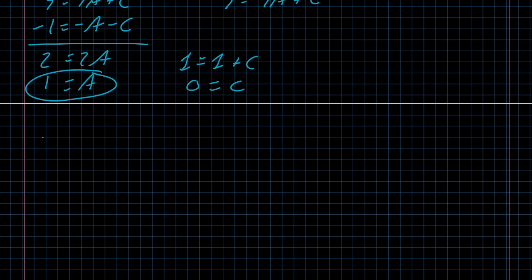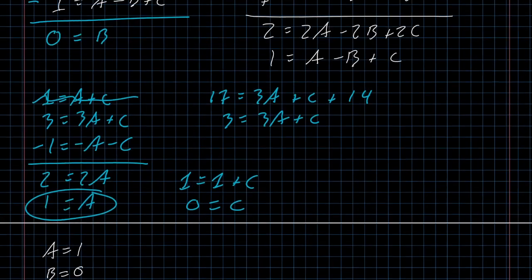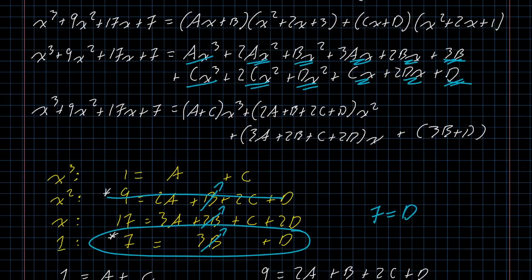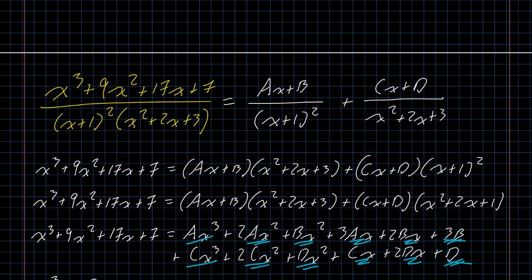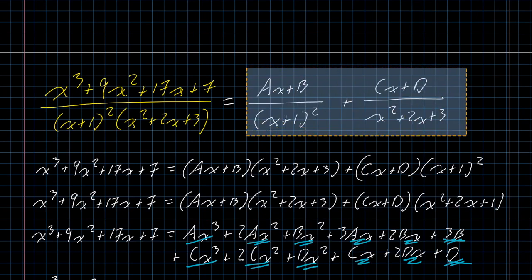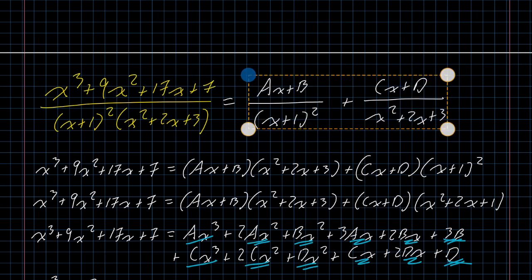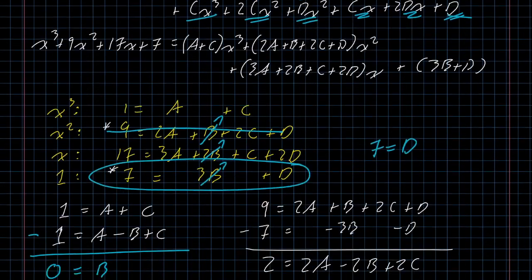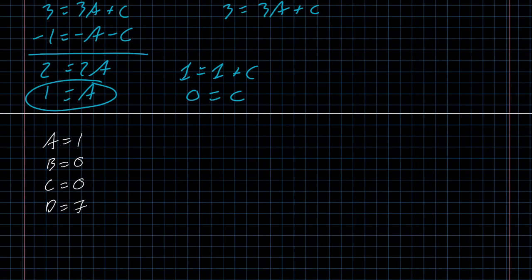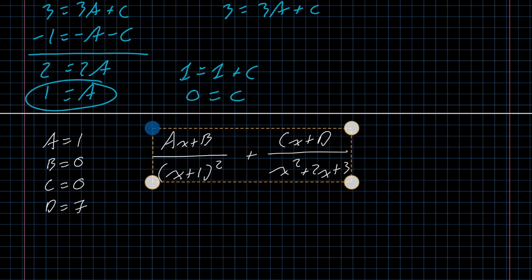All right, so a is 1, b is 0, c is 0, d is 7, and if I scroll back all the way to the beginning, I set this up with this fraction in mind.